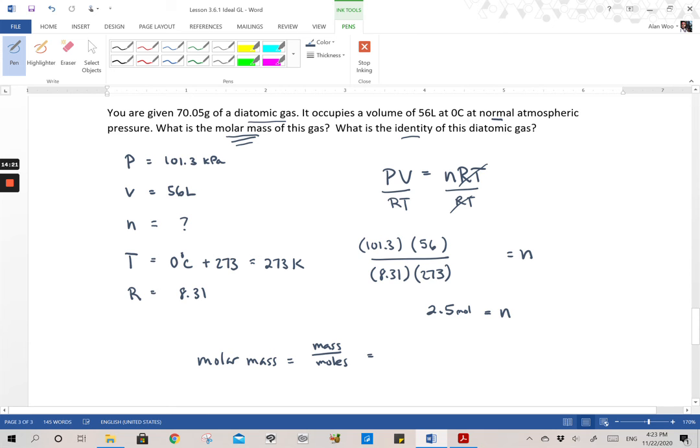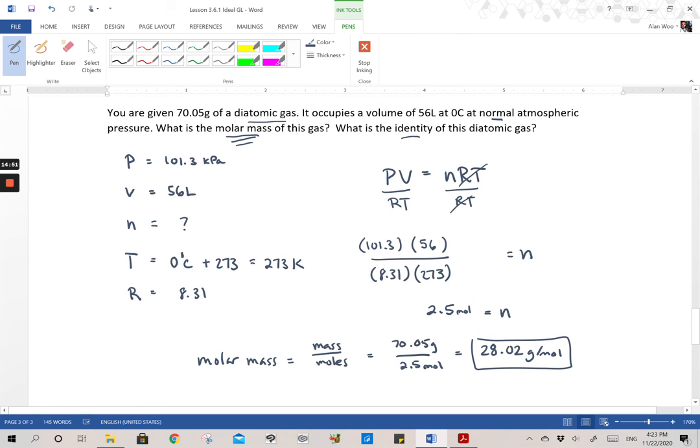I have 70.05 grams divided by the moles I just calculated, which is 2.5 moles. And that will give you 28.02 grams per mole. This is my molar mass.